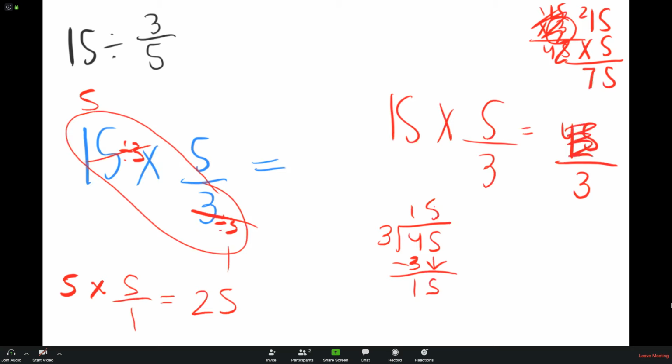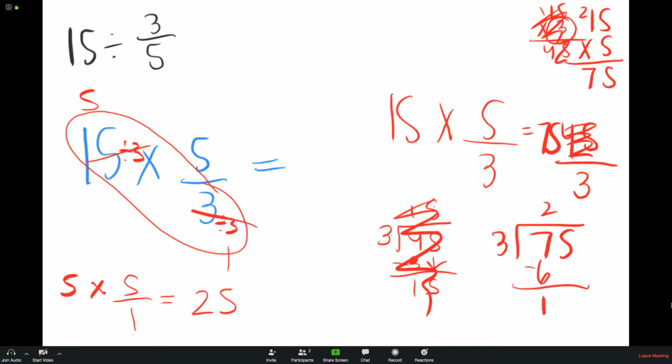So this should be 75. Sorry. 3 goes into 75. Okay, so now 3 goes into 7 2 times, which is 6. 1, bring down the 5, and 3 goes into 15 5 times evenly, which is 25. And that's why it's a good way to check your work, just to make sure that you're doing it correctly.